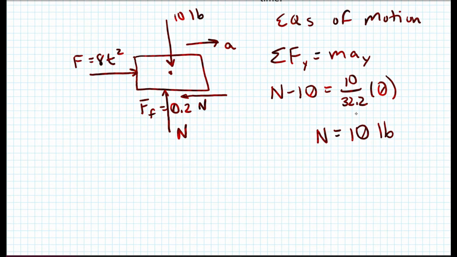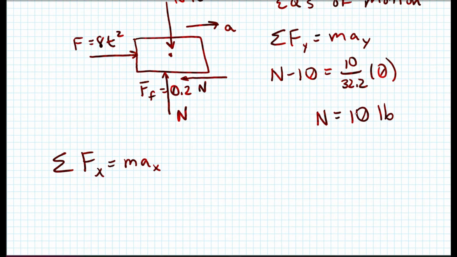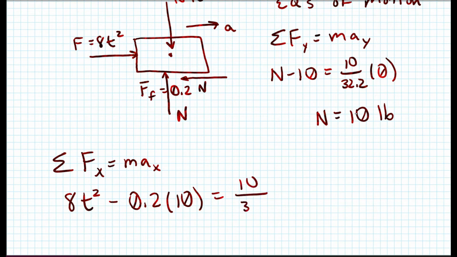Alright, and I'm gonna go down here and use the sum of the forces in the x direction, and then substitute in as well. So on the left hand side we have 8t squared minus 0.2 times 10, and that's equal to 10 over 32.2 times a.